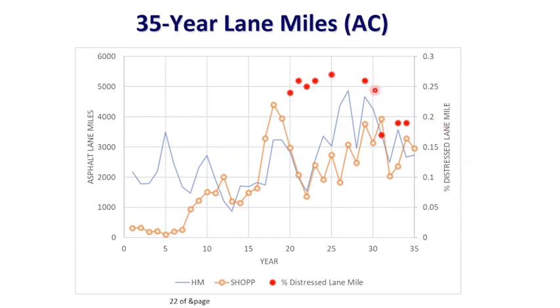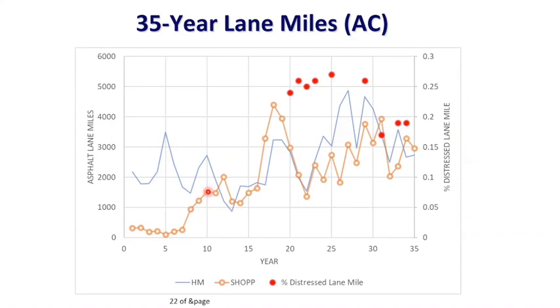That's the performance of my system for AC only. And then these 2 lines: the blue line shows the heavy maintenance type of treatment, and the orange line shows the rehab type of treatment, including medium overlay, thick overlay, and AC lane replacement, okay?